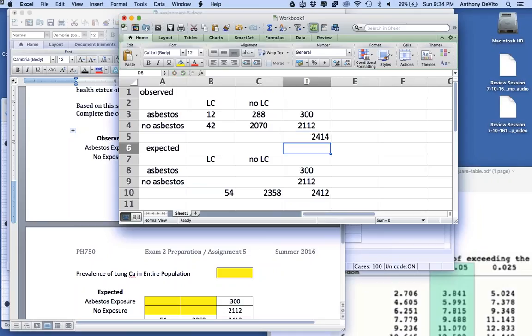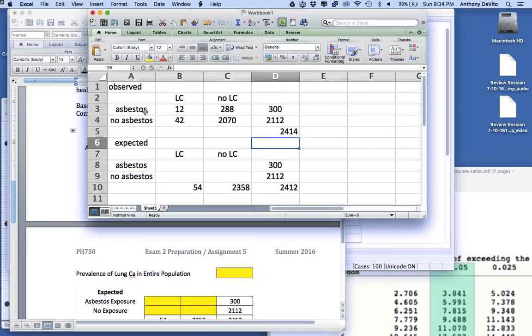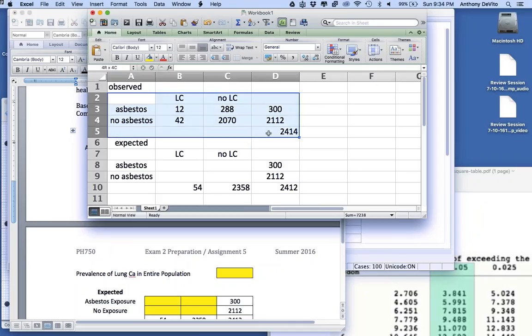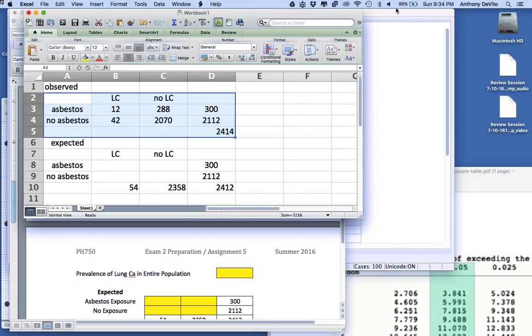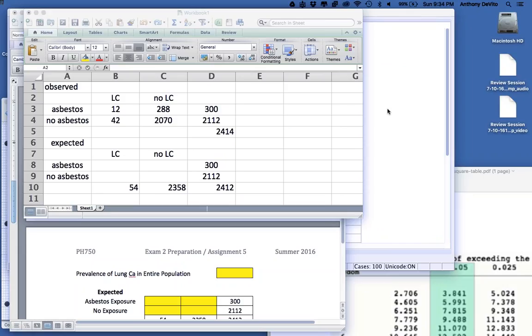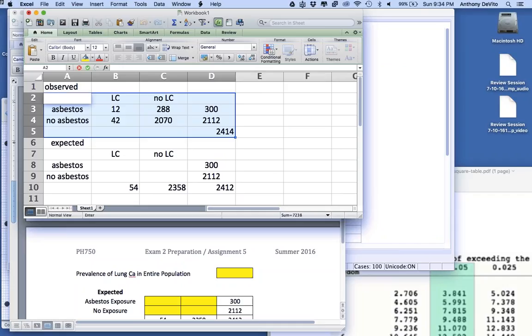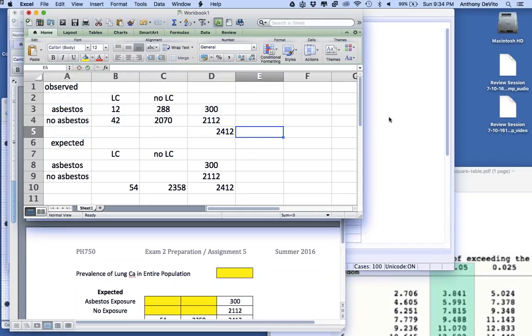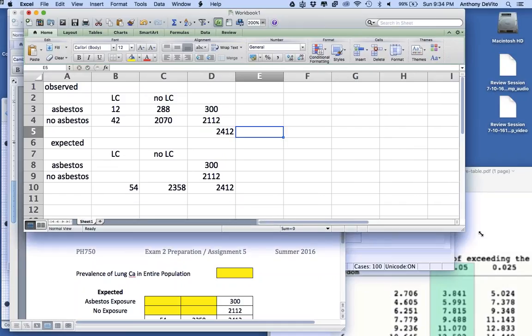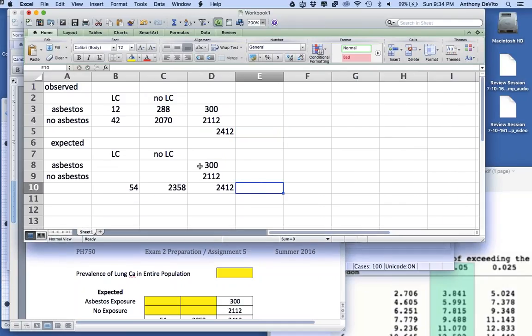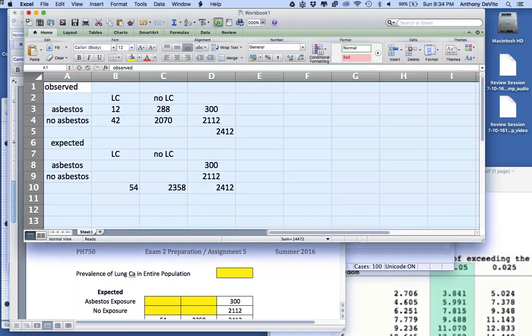I'll put up a neater version of this too. Actually, let me just clean it up a little bit right now. I need this to be a little wider so I can get to the tools. It's 2412, you're right. Another reason I love Excel, if I had Excel do it for me.